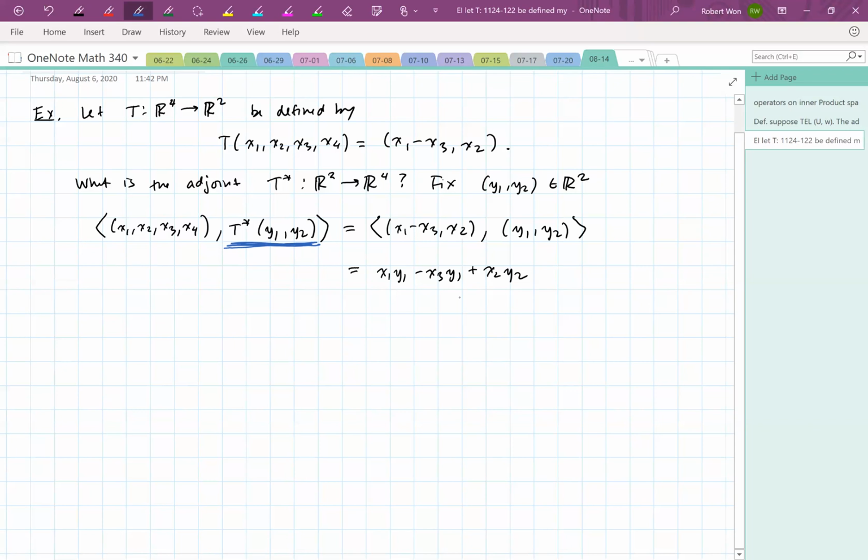So that must mean that this is actually going to be y1, y2, minus y1, 0. Therefore, I know exactly how to compute the adjoint of this map. I've told you exactly what the adjoint does. So T star of y1, y2 just equals y1, y2, minus y1, 0.